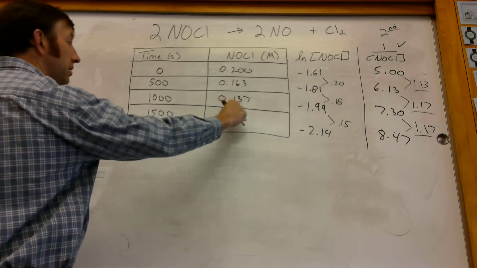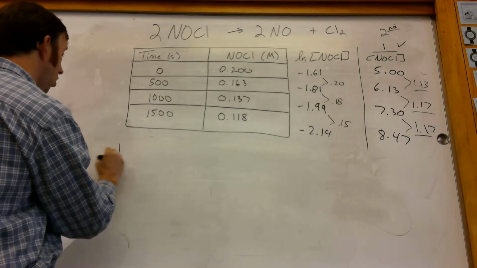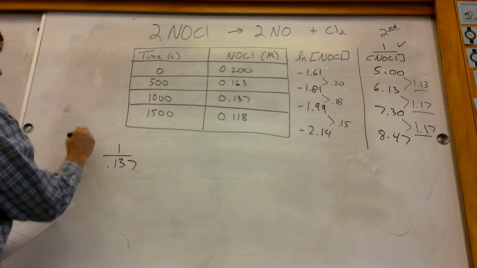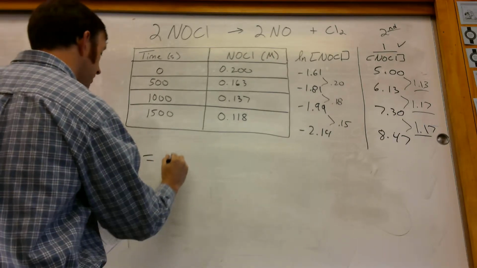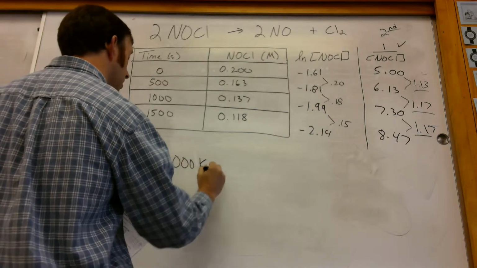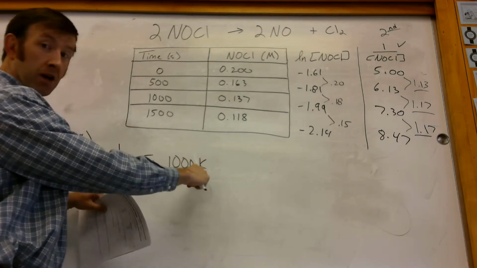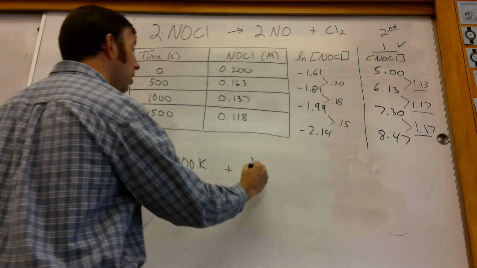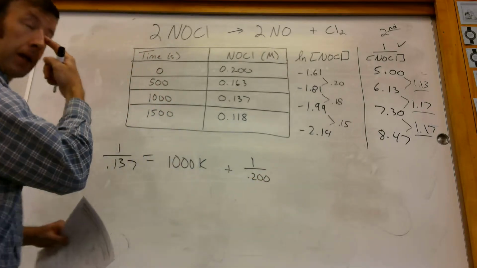So I'm going to take this molarity as my comparison. So I'm going to go 1 over 0.137. This is letter C, by the way. It's going to be equal to 1,000 K. So my time that corresponds with that molarity. K is my rate constant, which I will be solving for here shortly, plus 1 over 0.200, right?